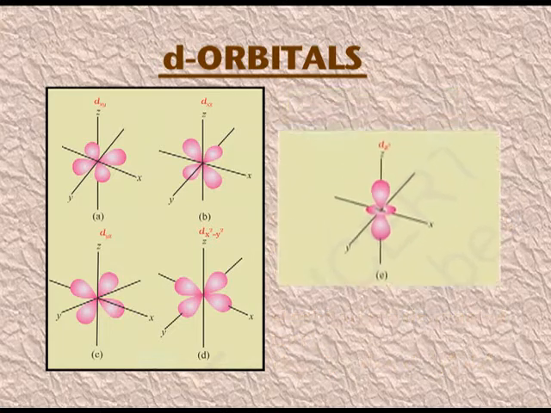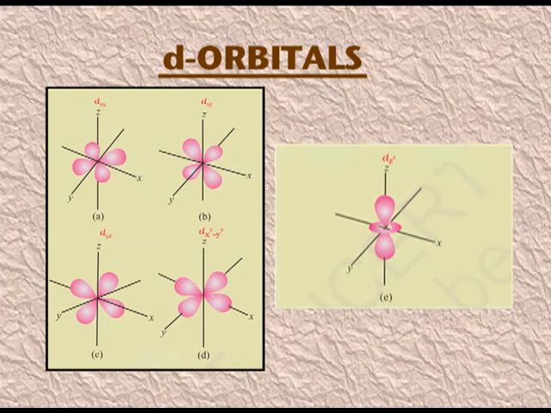You can see a very clear picture of the d orbitals. In the first 3 d orbitals, you can see that the dumbbells are bisecting the respective axes. But in the dx square minus y square and dz square orbitals, the dumbbells are along the axes.